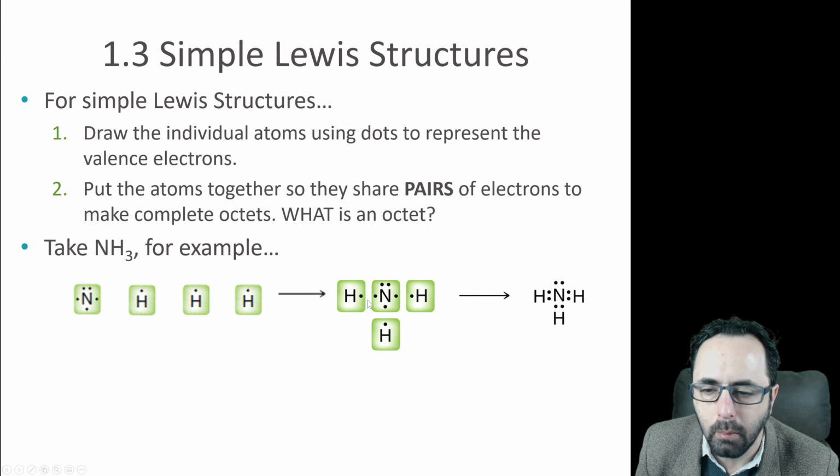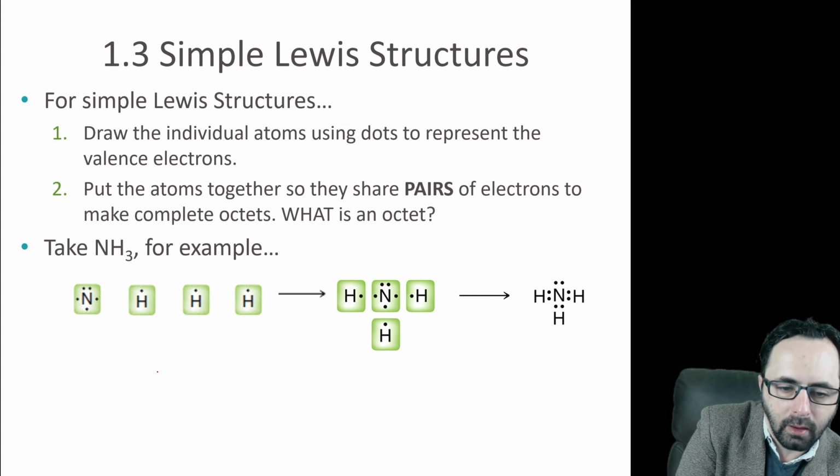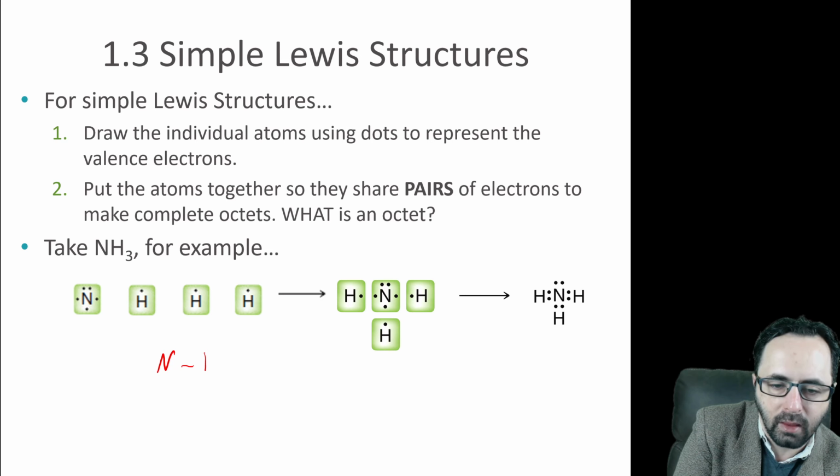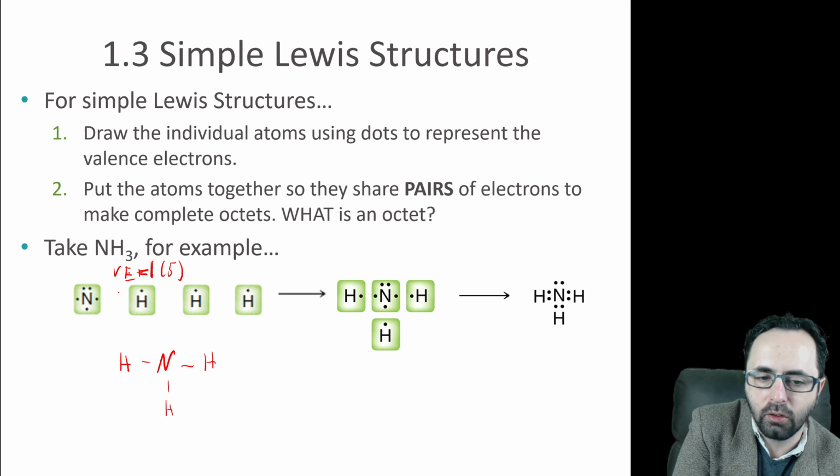We would then make bonds here to the nitrogen. So if we were in G-Chem, we'd say, okay, we got a nitrogen. We're going to make a skeleton structure. Out of our total valence electrons, we have 1 times 5, 5 for the nitrogen, plus 3 times 1 for the hydrogen, for a total of 8.